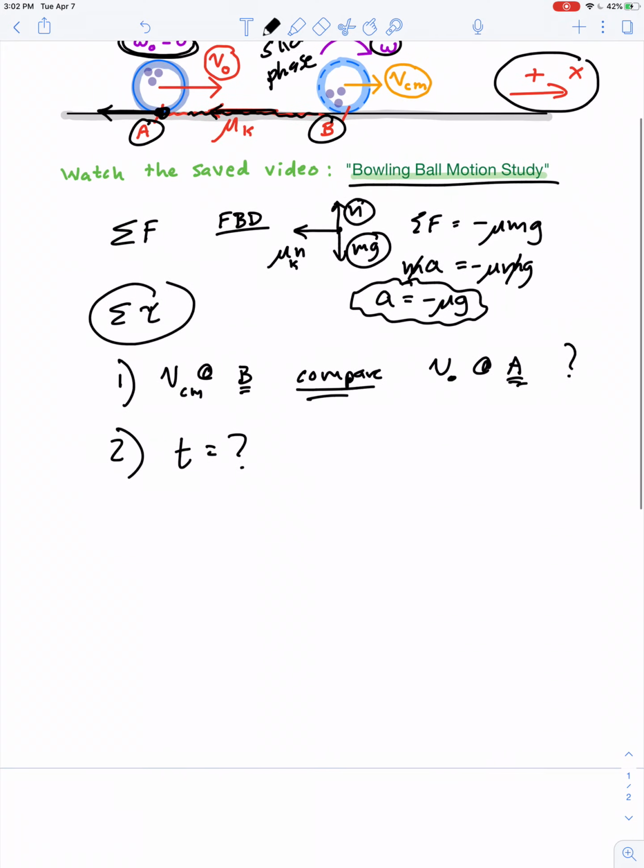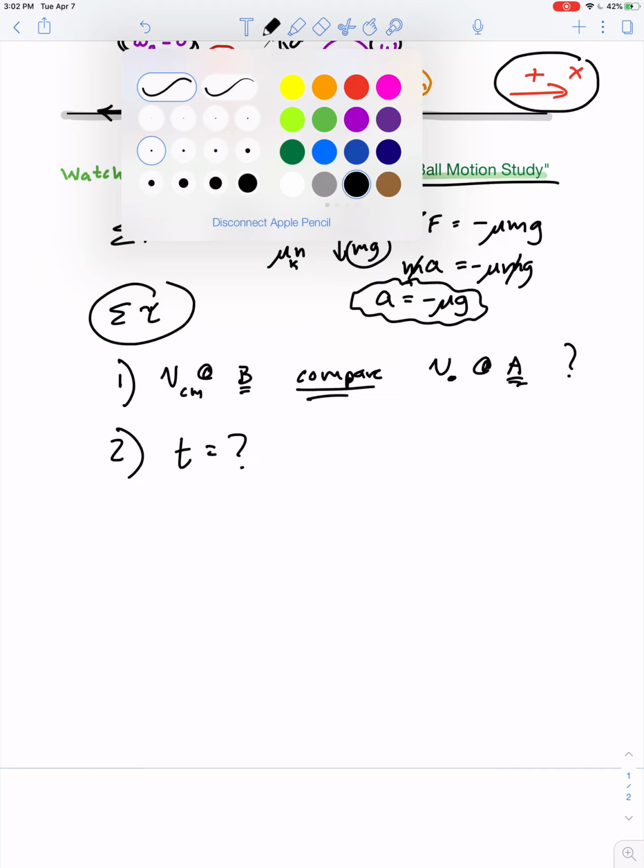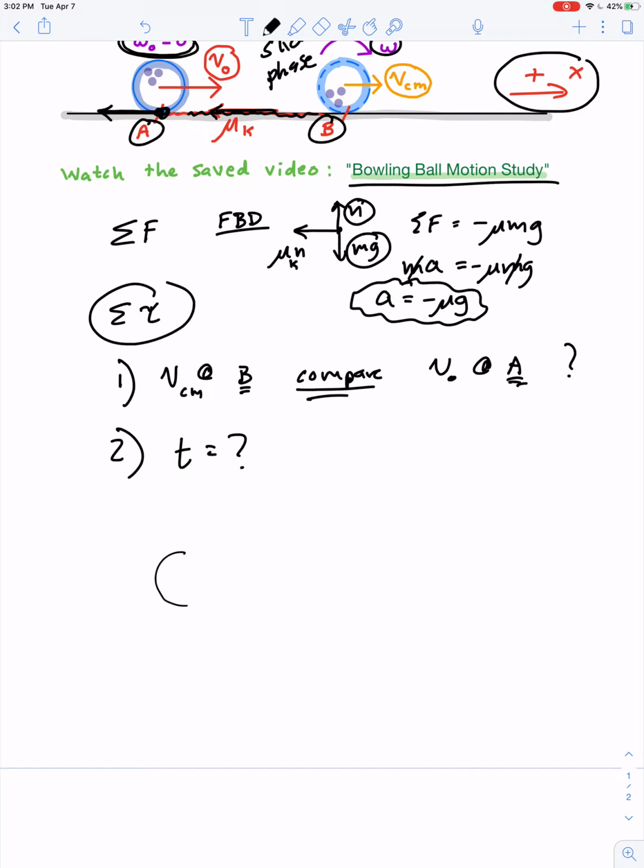Okay, so the net torque, we should probably make a rigid body diagram. The force of friction is acting at the contact point. That's equal to mu mg.